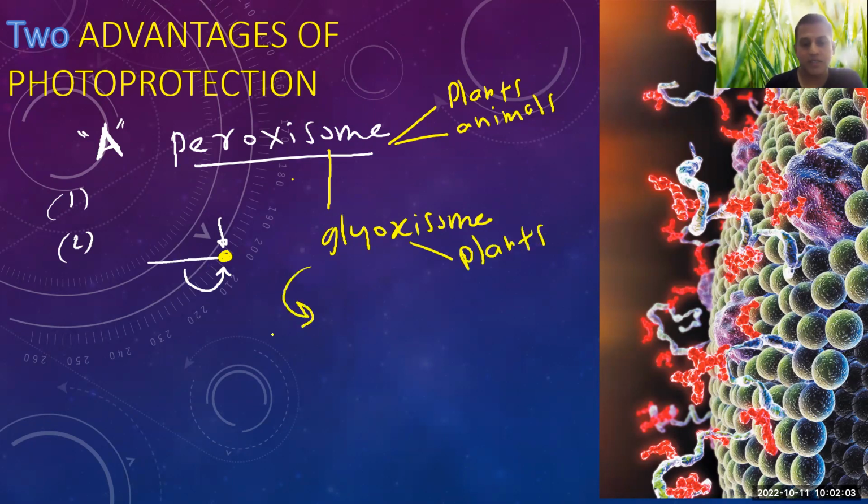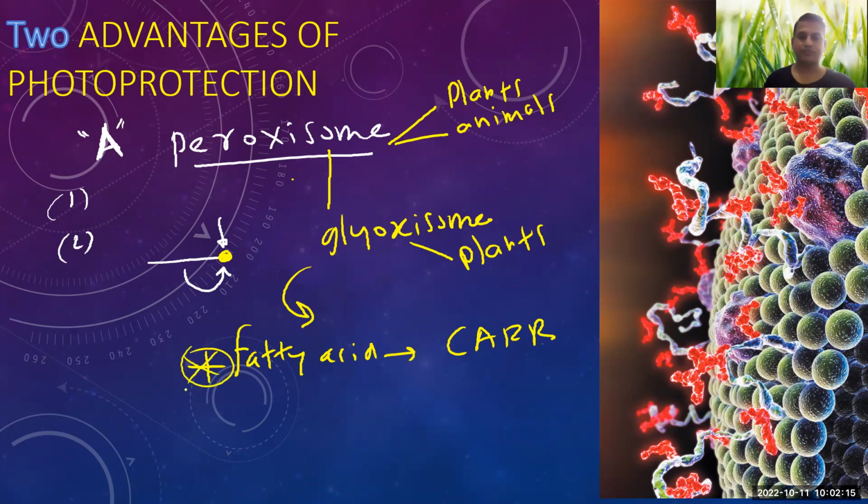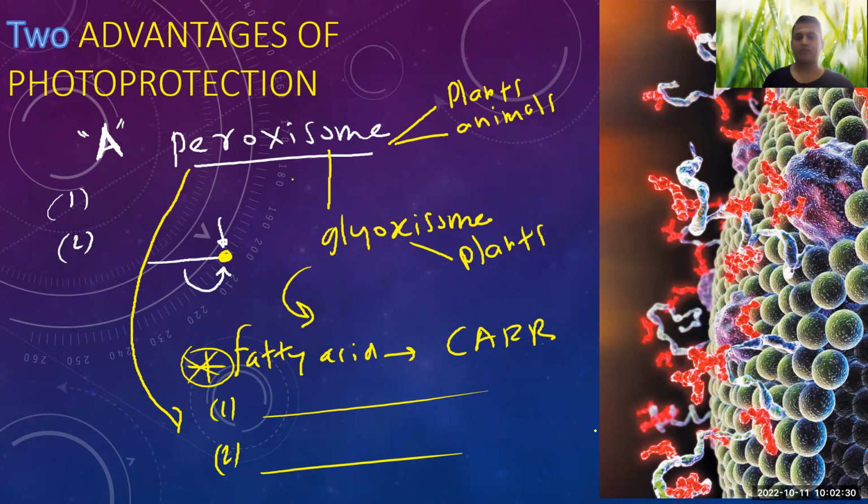Glyoxysome function is it converts fatty acid into carbohydrate. So this is the function of glyoxysome. The peroxisome has two functions. That's very important, two functions.